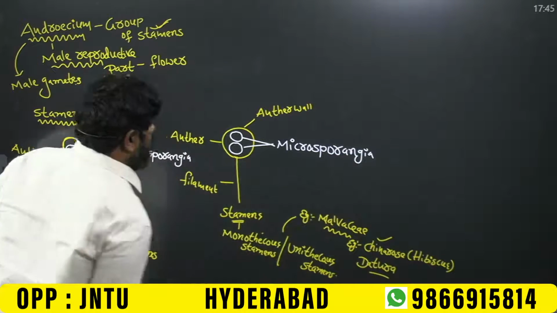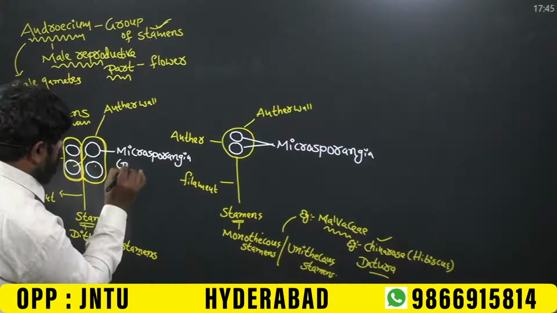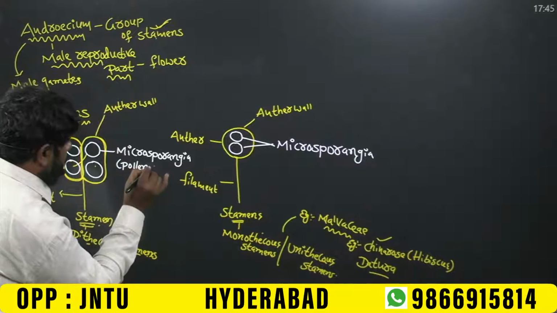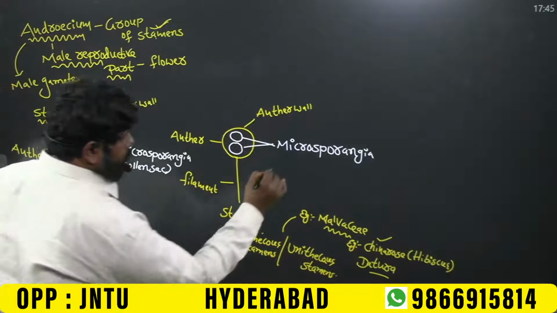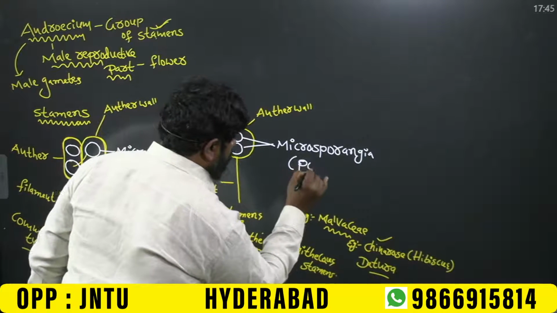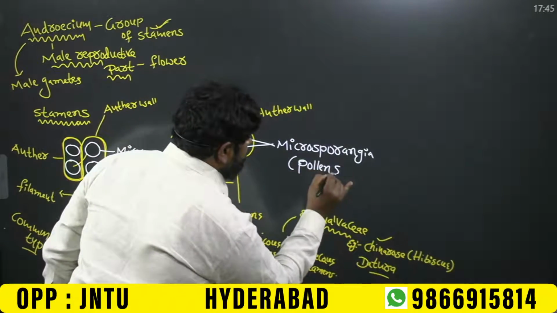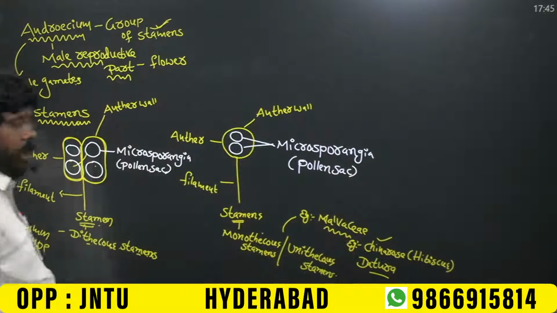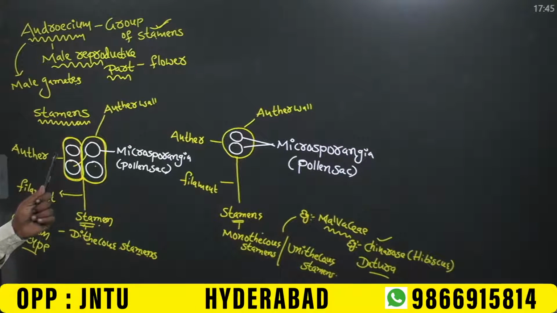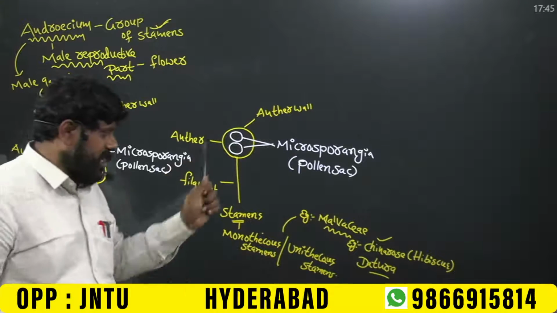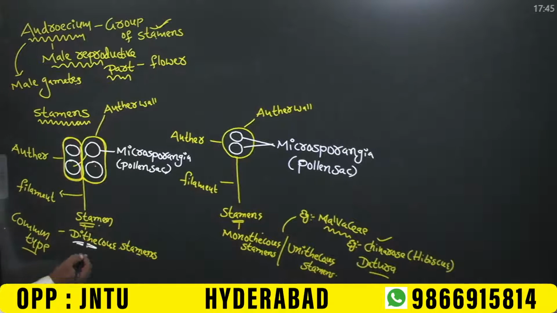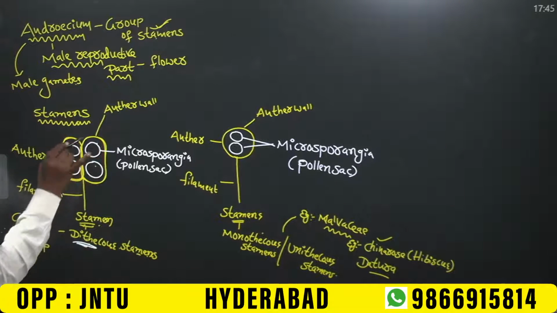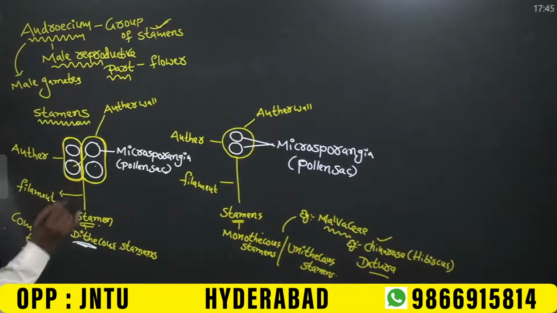These microsporangia are also called, the alternative name is very important, pollen sacs. Total how many microsporangia are present in the dithecous? 4. How many microsporangia are present in the monothecous? 2.